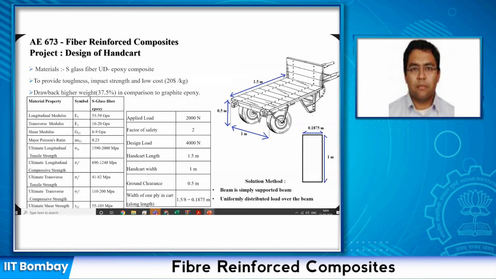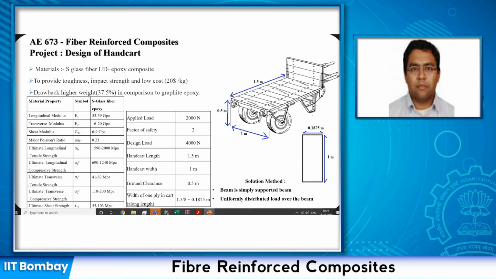Sir, actually, I have done the analysis on the graphite epoxy and the normal S-glass fiber. Why I haven't used it is because the graphite epoxy doesn't offer much impact strength and toughness. It has a higher value of Young's modulus that leads to lower deflection, but the toughness is somehow lower in comparison to the normal S glass fiber.